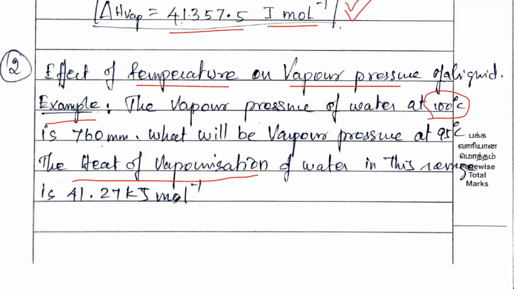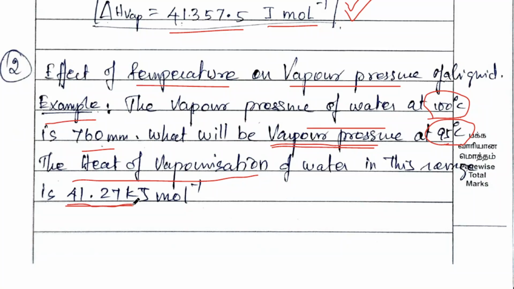The vapor pressure of water at 100 degrees Celsius is 760, like the previous problem. What will be the vapor pressure at 95 degrees Celsius? Now we are asked to calculate vapor pressure, and the heat of vaporization is already given here, 41.27.